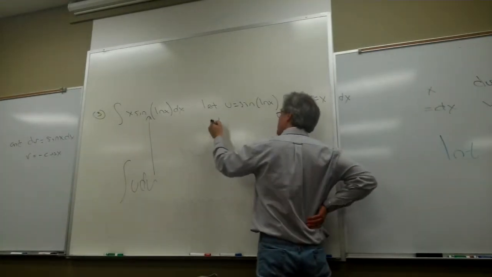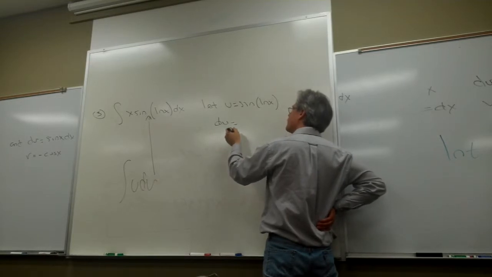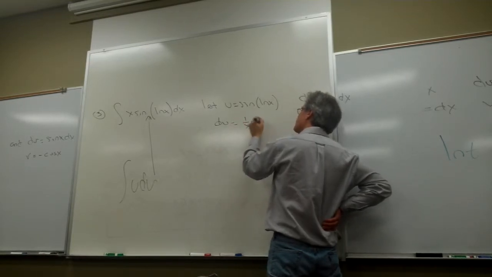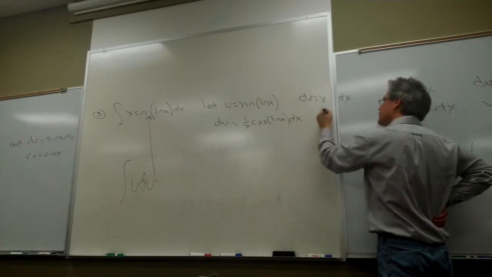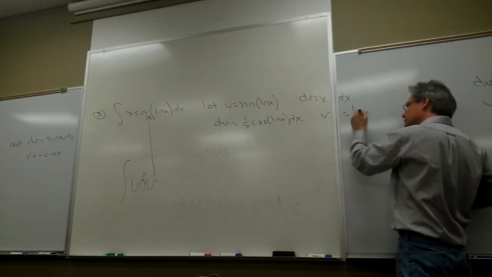And if I differentiate over on the left, doesn't that give me 1 over x cosine natural log of x? And doesn't v now become 1/2 x squared?